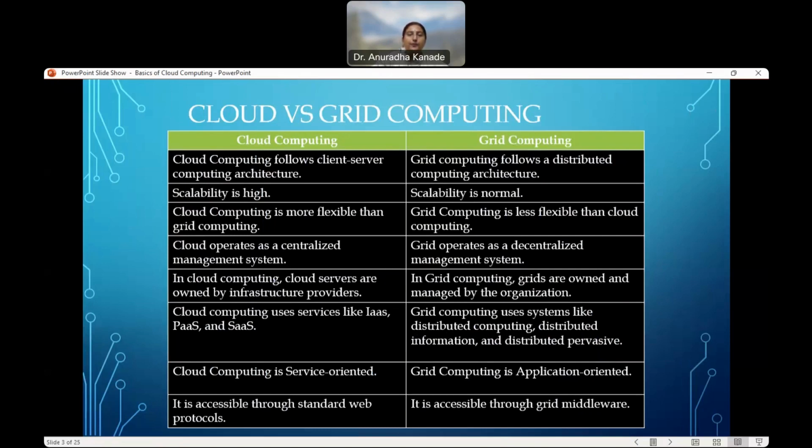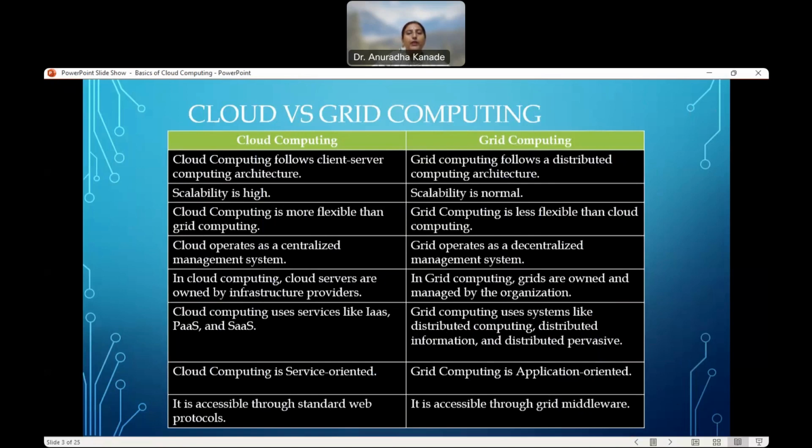If we consider scalability as the second parameter to compare with, cloud computing is highly scalable, whereas grid computing is normal in scalability. Regarding flexibility, cloud computing is more flexible than grid computing, because here heterogeneous resources can be availed by a single user, or the same resource can be shared among multiple users.